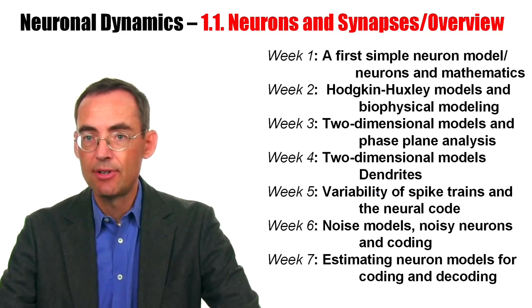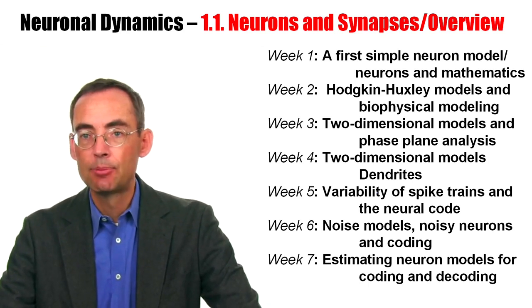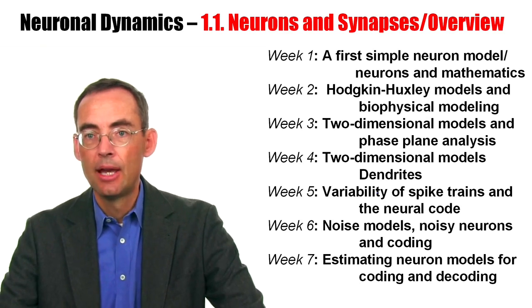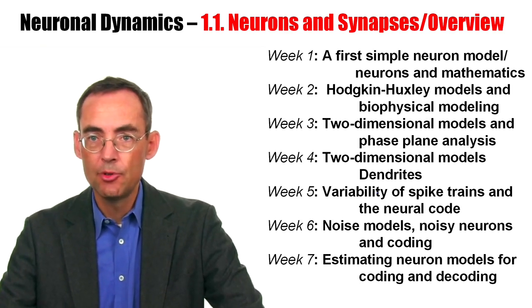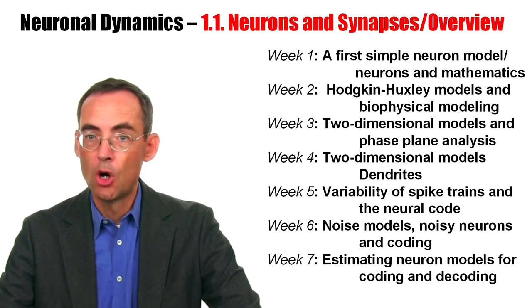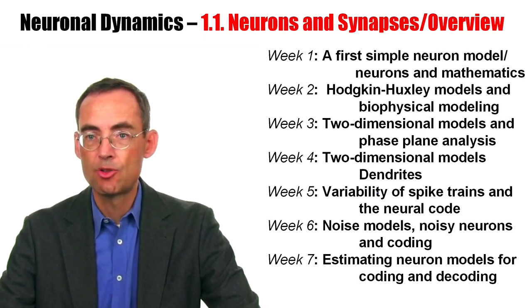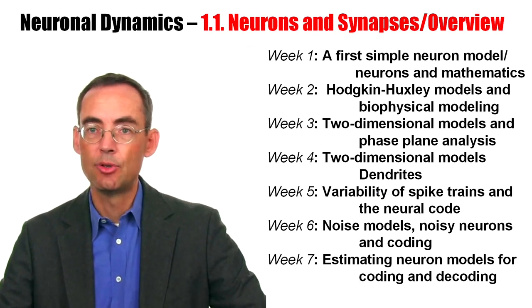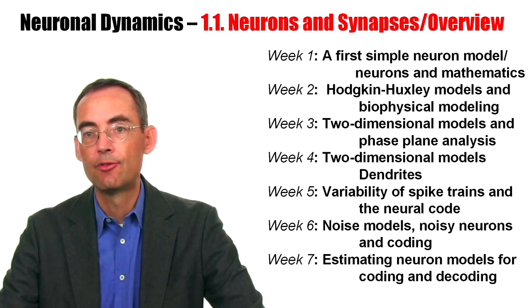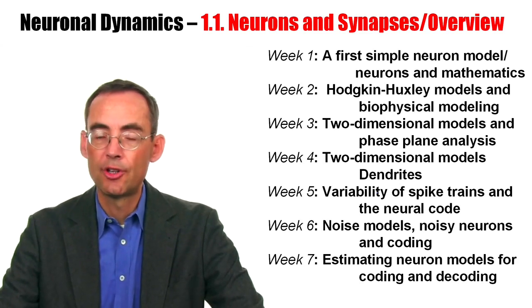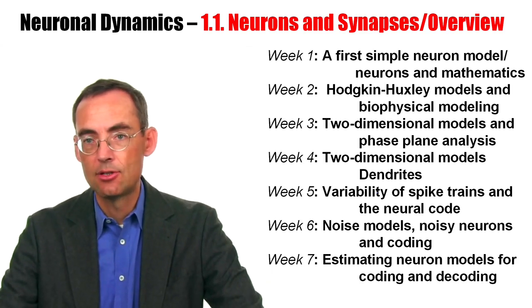And in week 7, in the final lecture, I will put these different things together and show how to extract from neuronal data a model of a neuron which is able to describe neural information processing, to transform incoming signal into output spikes, and therefore shed light on the questions of coding and decoding.